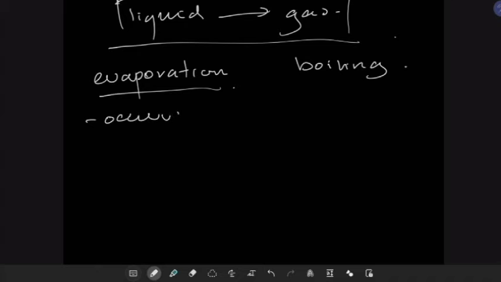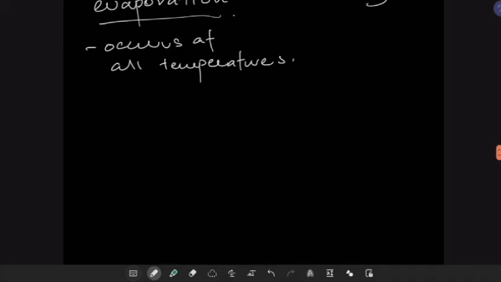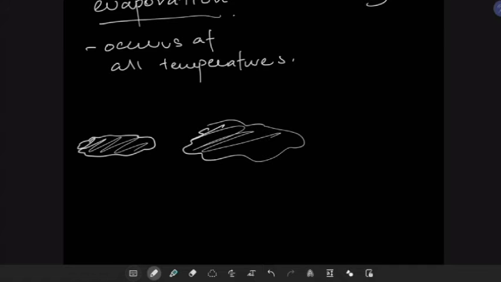Evaporation occurs at all temperatures. What this means, essentially, is if you leave a puddle of water out in the open, and you leave a puddle of water in, let's say, the kitchen where it is hot.